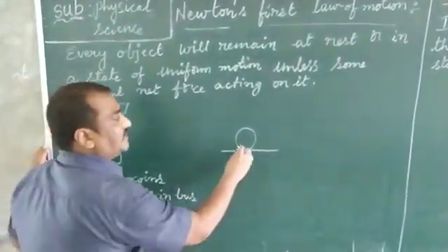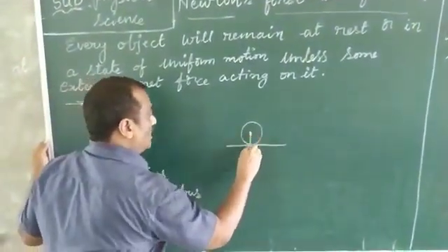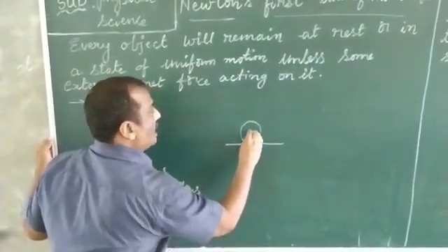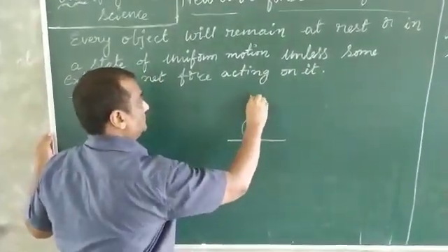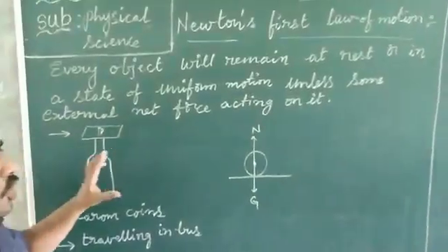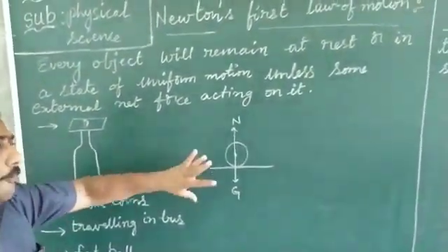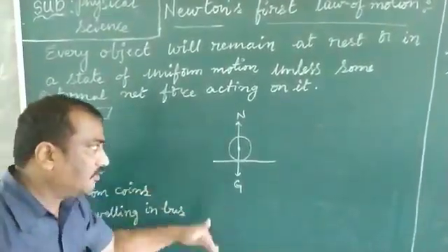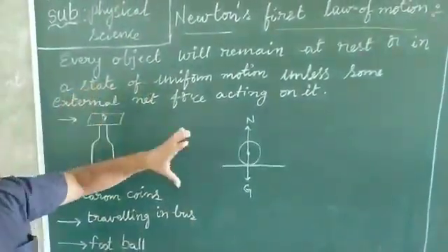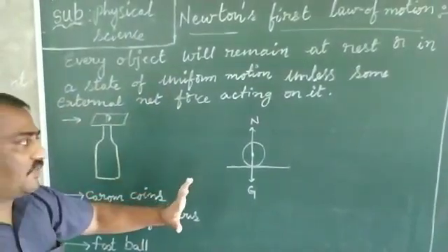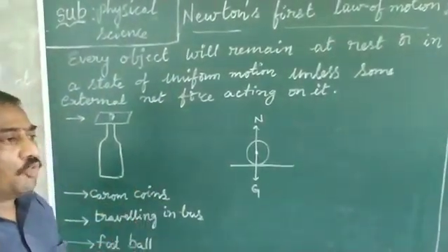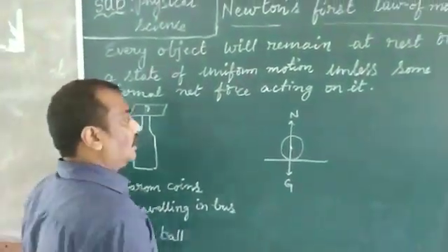How many forces are acting here? 2 forces. One is gravitational force, another is normal force. Both forces act on the object in opposite directions. One is downwards, another is upwards, and both are equal in magnitude. That's why the object will not move in any direction.